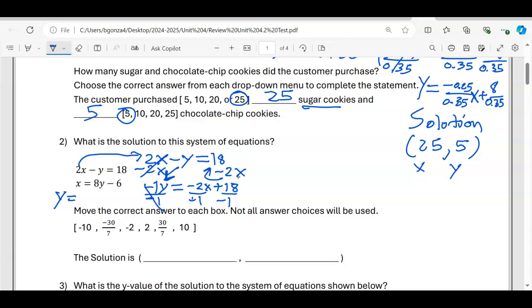Now the negatives cancel out and make that a positive 2x. 18 divided by negative 1 is minus 18. Here's one of them. Now this is a weird one.